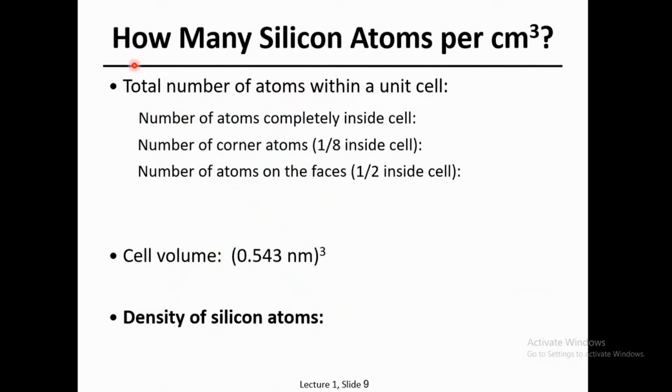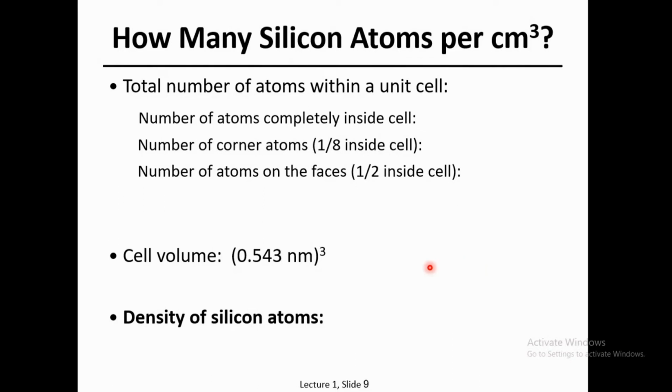Okay, so here we want to know, if you have a silicon atom, how many atoms do you have per cubic centimeter? So we want to know the density of silicon atoms. We're talking about 10 to the power 22 atoms per cubic centimeter.